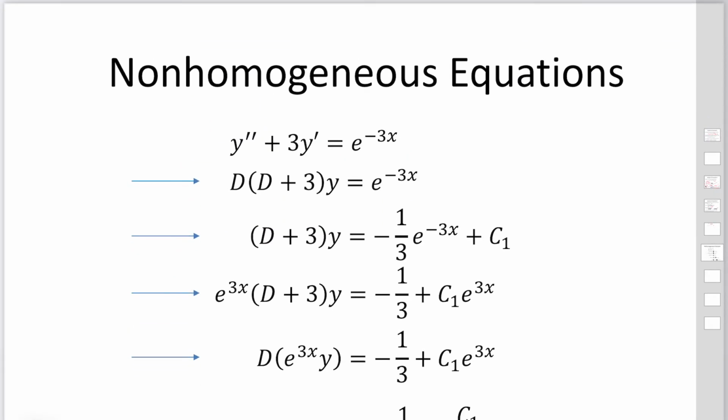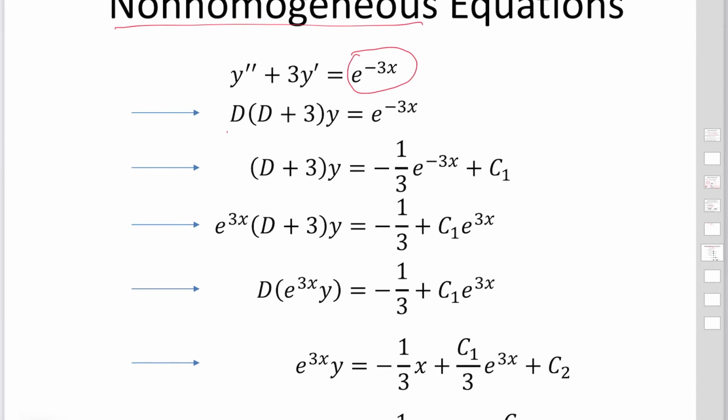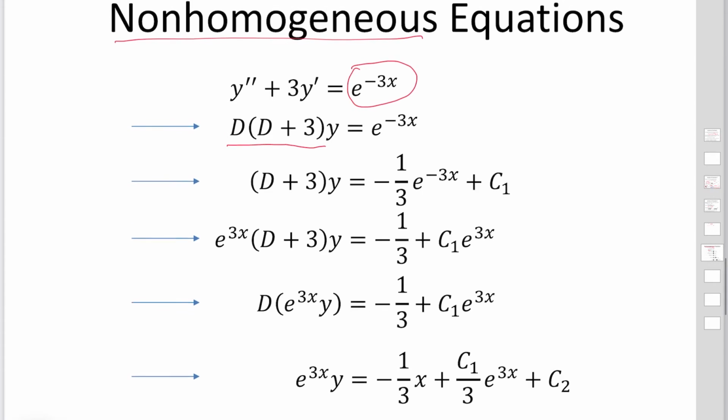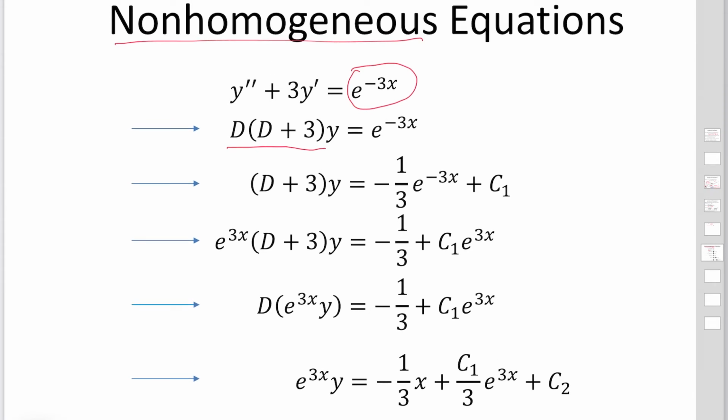Then I'd like to show you another method to solve non-homogeneous equations. So we consider the differential equation y double prime plus 3y prime equals e to the minus 3x. Because a non-zero function appears on the right-hand side, this is a non-homogeneous differential equation. Using differential operators, this is expressed as capital D times (D plus 3) y equals e to the minus 3x.